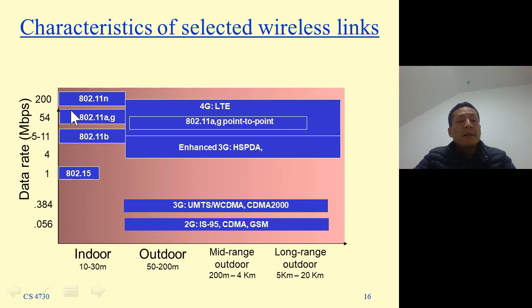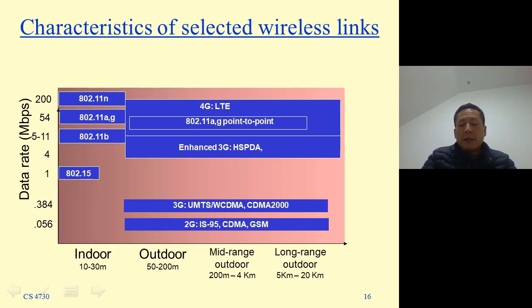But for Wi-Fi, usually it has limited range, like indoor, 10 to 30 meters. You can see 11n, 11a, 11b, they are all sub-protocols of Wi-Fi. 11n has the highest speed compared with 11a and 11b. 802.15 is body area network, with low range, low power, and limited data speed.